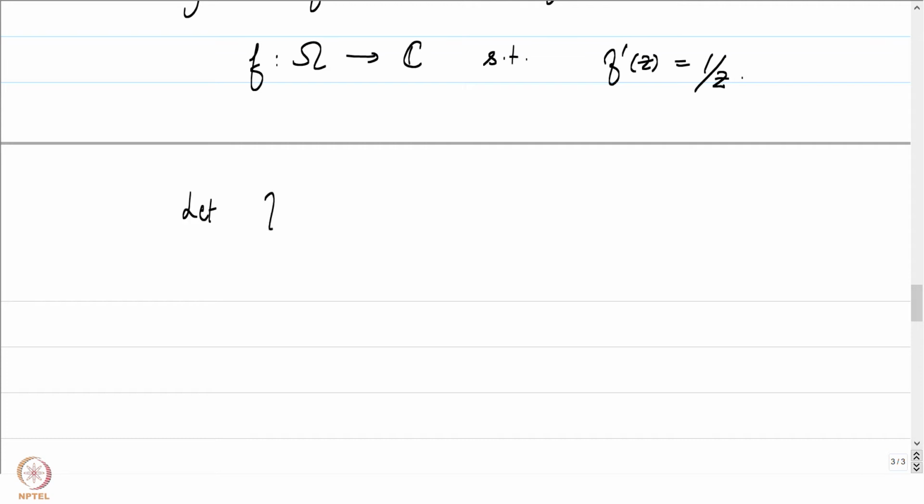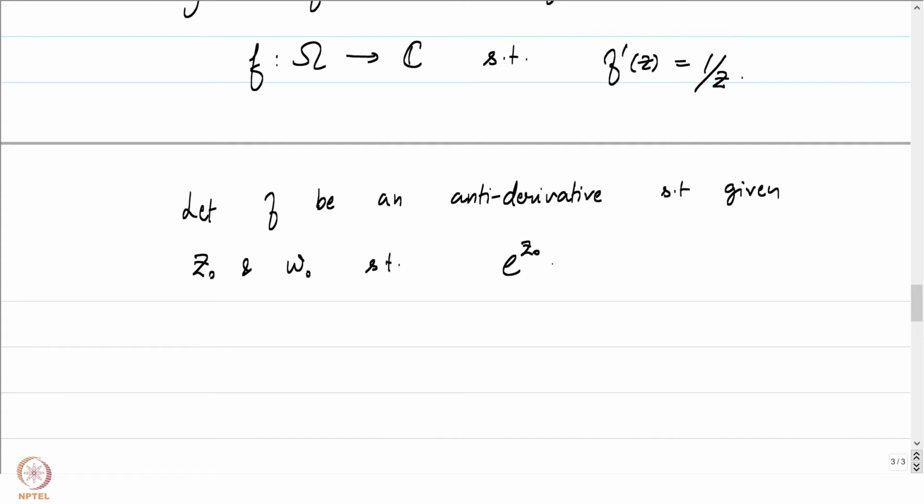Let f be an antiderivative such that given z0 and w0 such that e to the power z0 is equal to w0, we have f of w0 equal to z0 for some w0 in omega.